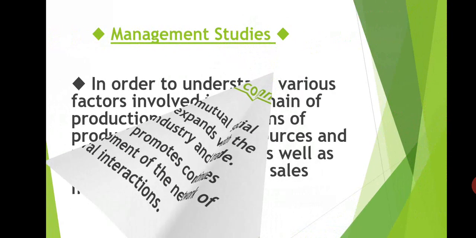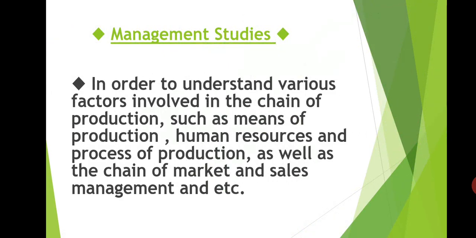Our next topic is management studies. In order to understand various factors involved in the chain of production, such as the means of production, human resources, and process of production, as well as the chain of market and sale management, etc., it is essential to have knowledge of similar functional systems of the past.